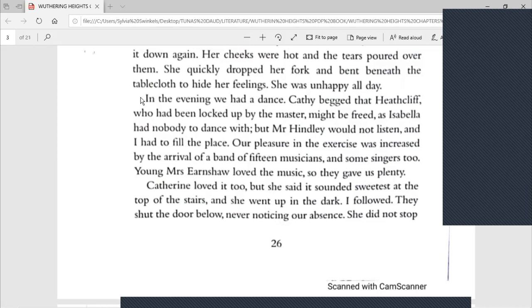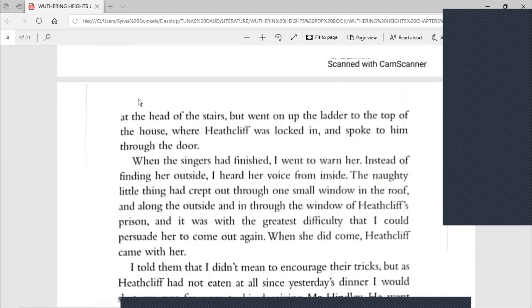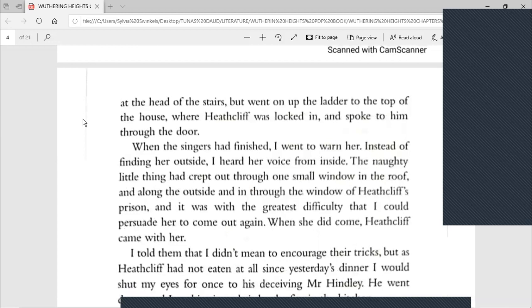Young Miss Earnshaw loved the music, so they gave us plenty. Catherine loved it too, but she said it sounded sweetest at the top of the stairs, and she went up in the dark. I followed. They shut the door below. never noticing our absence. She did not stop at the head of the stairs, but went on up the ladder to the top of the house, where Heathcliff was locked in, and spoke to him through the door.